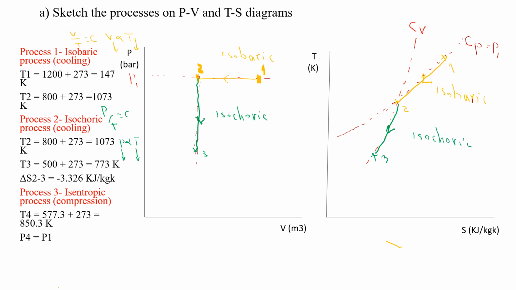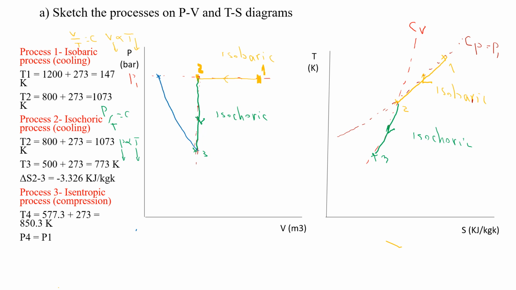So now the third process. The third process is from state 3 to state 4. State 4 is lying on the constant pressure line, that means P1, because the question is saying that the end of the isentropic process is going to be P4 equal to P1. That means going back to the initial pressure.